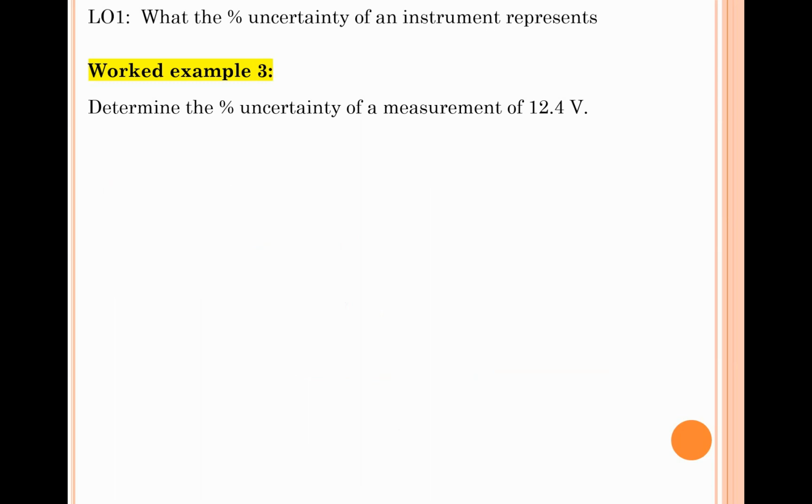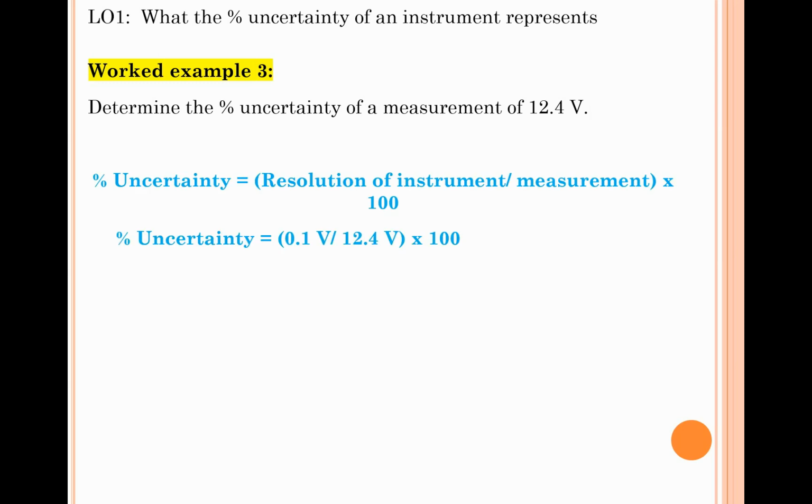Worked example 3, again, if you want to pause the screen, copy it out and have a go at it yourself. And again, equation, if you sub in your resolution, this one is only measuring to the nearest tenth of a volt or 1 decimal place. That's what the resolution is, divided by your reading times 100, giving us this percentage uncertainty.